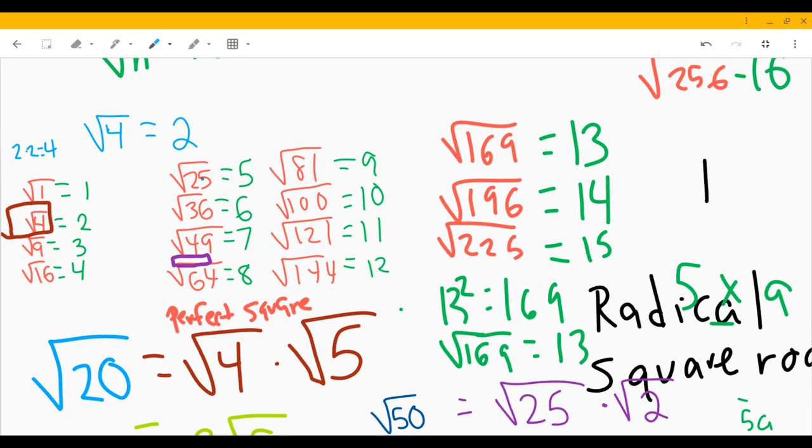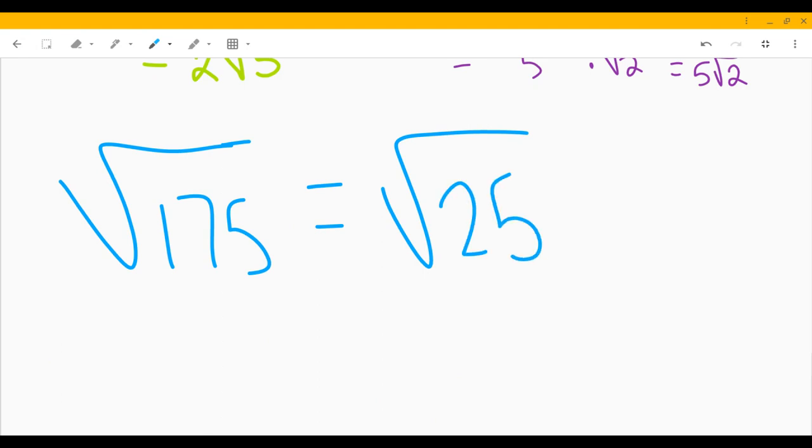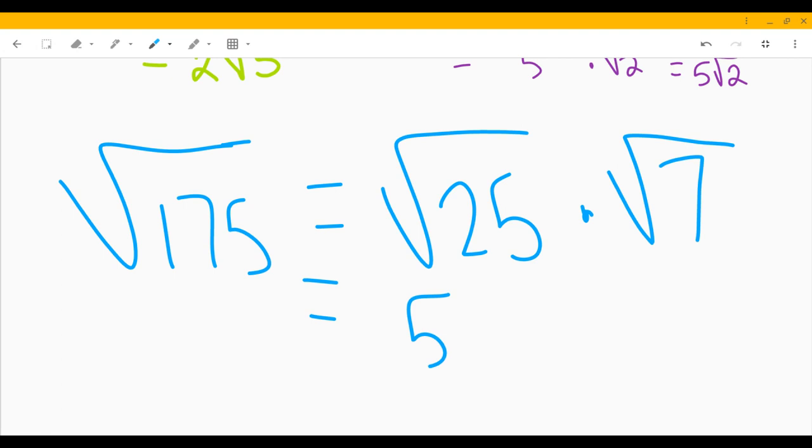So I know 25 goes into 175. So that'll be the same as saying radical 25 times radical 7, which gives us 5 radical 7.